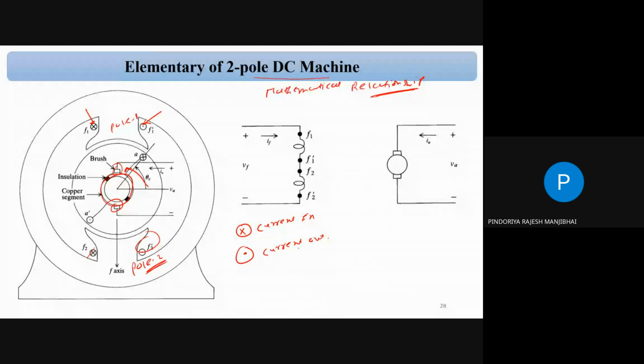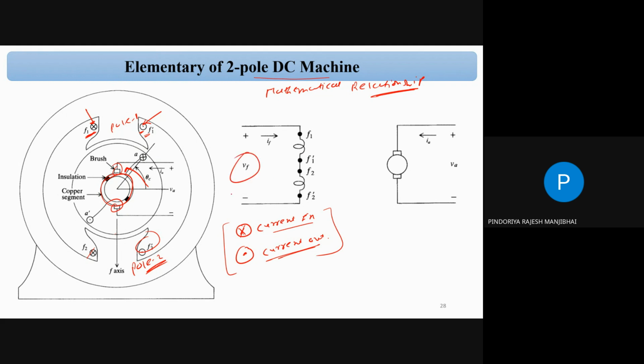If you become a design expert, this is most important. Cross is current in, and dot is current out. Current enters from F1 and goes out from F1 dash. So this is the equivalent circuit.